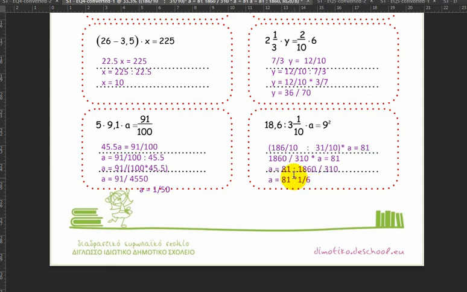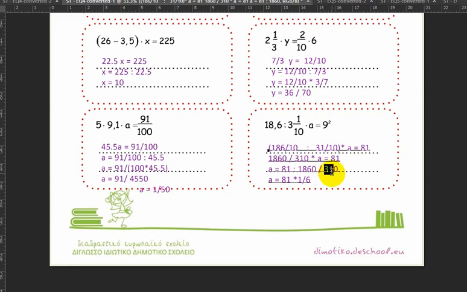And you can see here where simplification is so handy, because imagine having 81 times 10 and having to divide by 1,860.